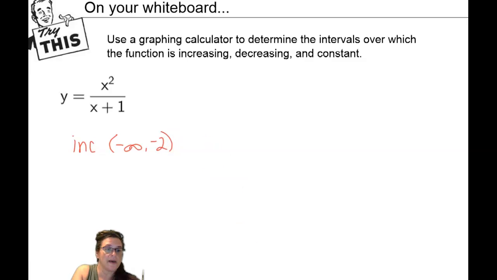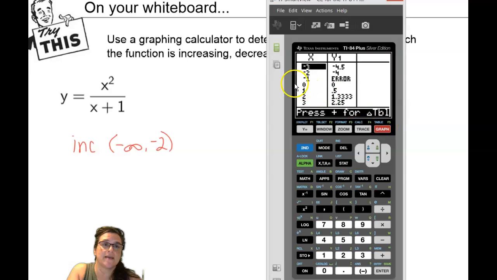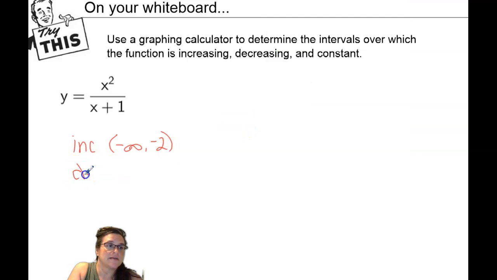Okay, when we look back at that graph again, we can see that it turns and is decreasing from negative 2, and then it heads down toward negative infinity in the y direction, but the x value that it's approaching is that vertical asymptote at negative 1. And when we look at the table, we can see at negative 1, there's an error, that's that vertical asymptote. So this function is decreasing from negative 2 to negative 1.